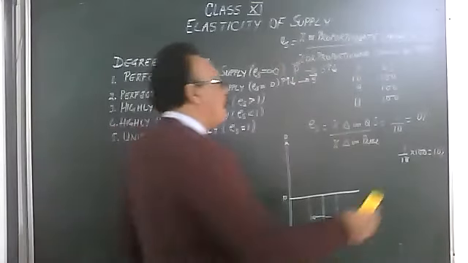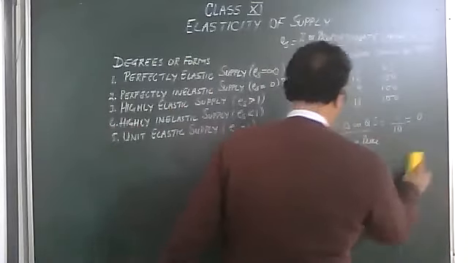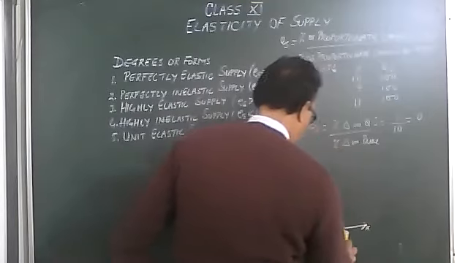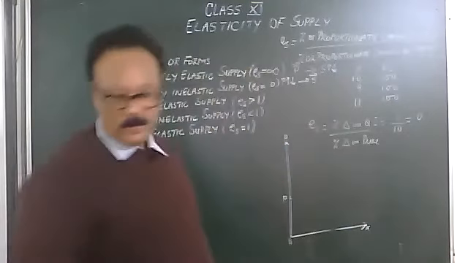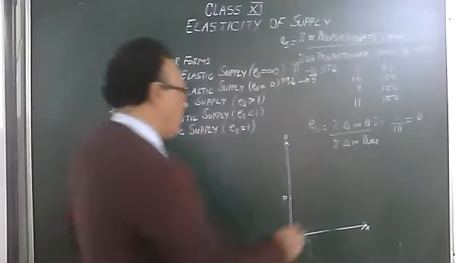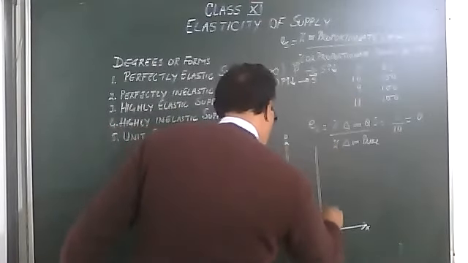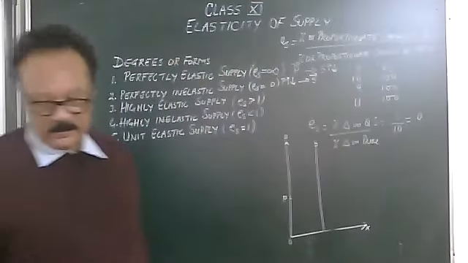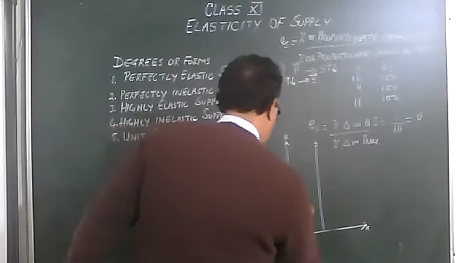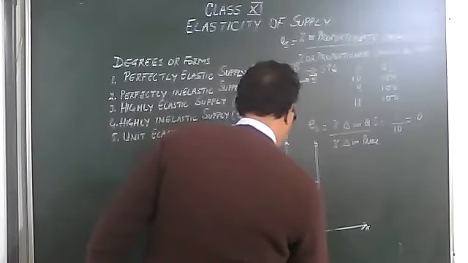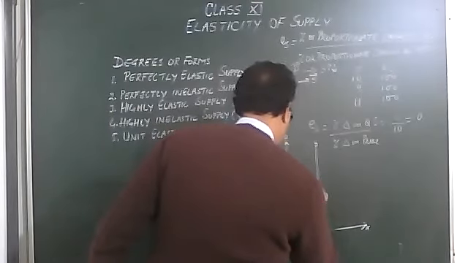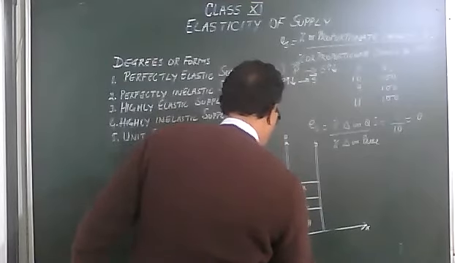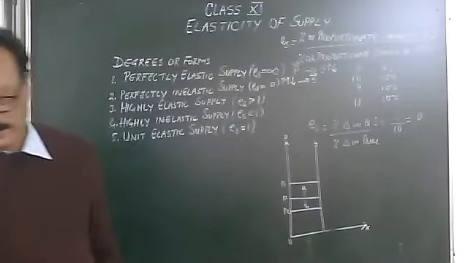Now, how will you draw the diagram? You have the x and the y axis. In this case, your supply curve will be absolutely vertical with price either increasing or decreasing, P1, P2.